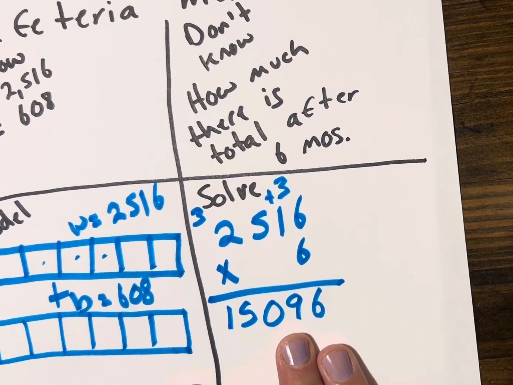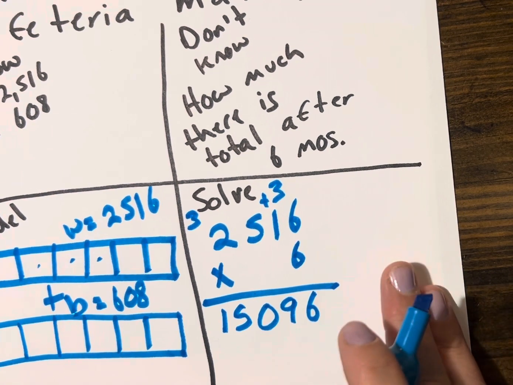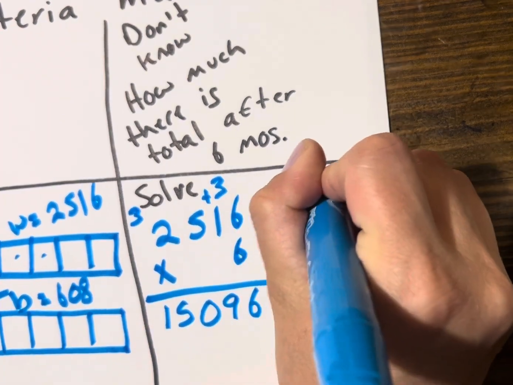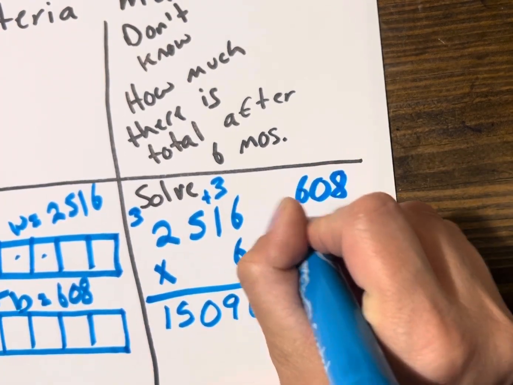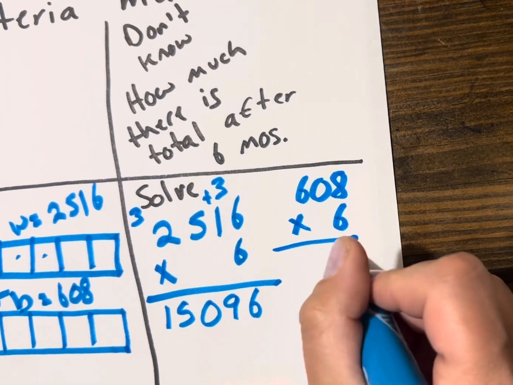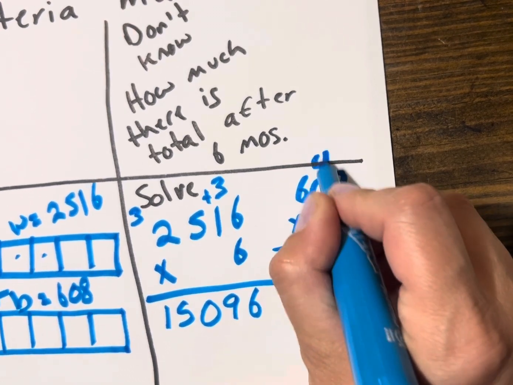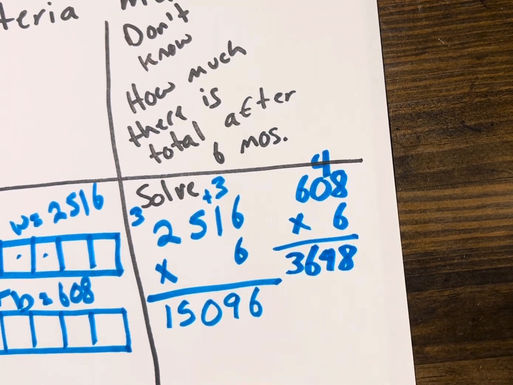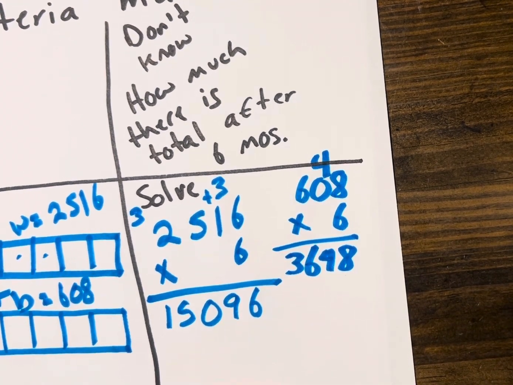All right, so I know how much white rice was cooked over 6 months. Now I need to figure out how much brown rice was cooked. 608. I have 3,648.